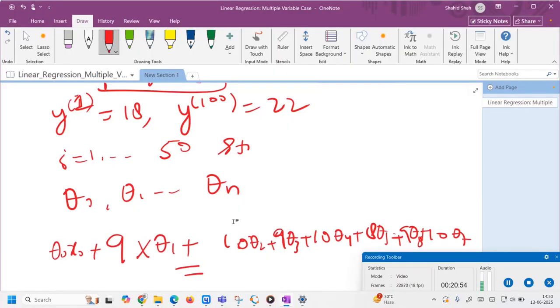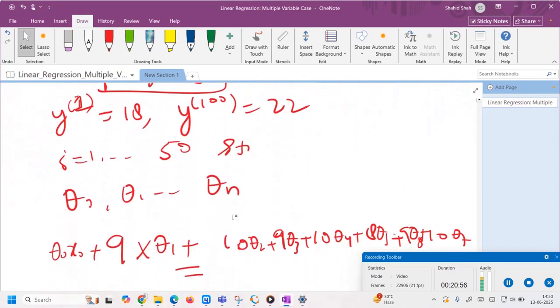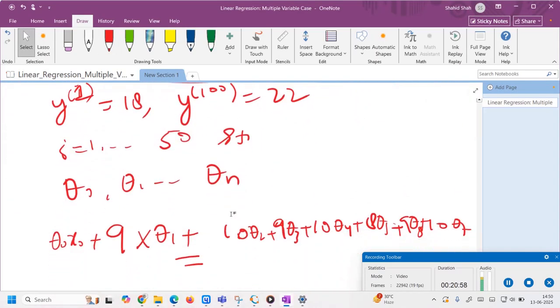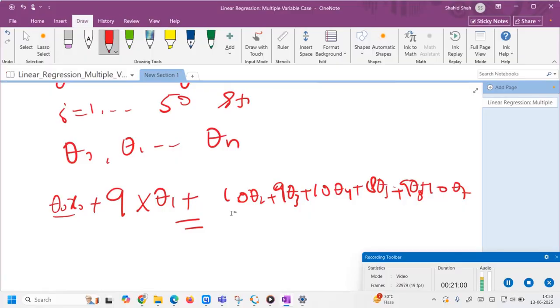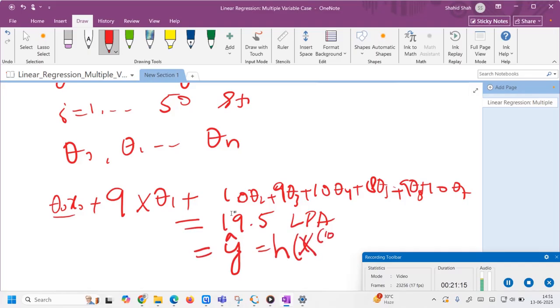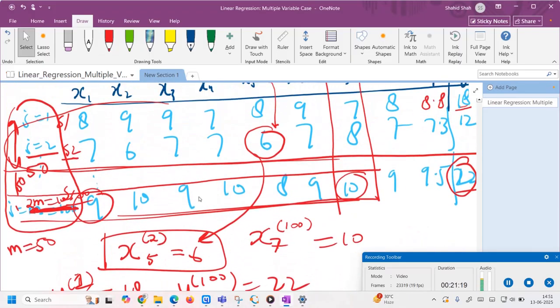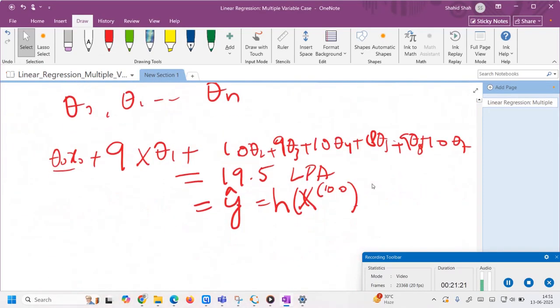Okay, this is equal to whatever we get. Suppose given the values of theta 0 and all, we get here 19.5 lakhs per annum. So this is our y hat or h of x 100, because we are taking the data of student number 100.